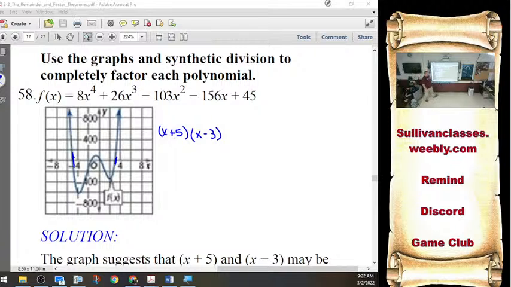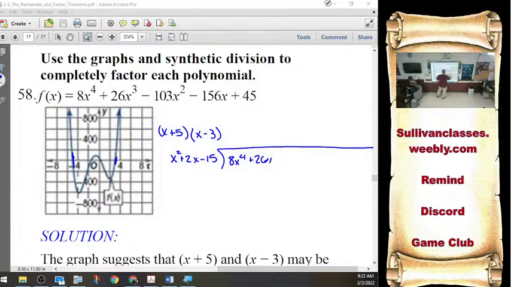So if I know those 2, then I know x squared plus 2x minus 15, the quadratic that they create, has to somehow go into this: 8x to the fourth, 26x to the third, minus 103x squared, minus 156x plus 45.